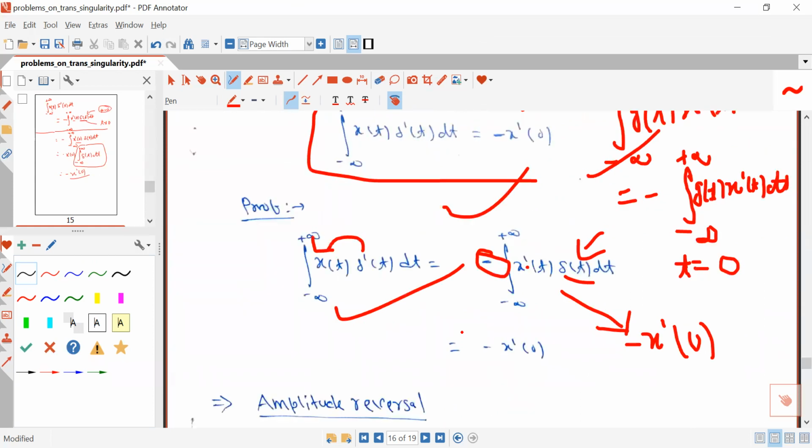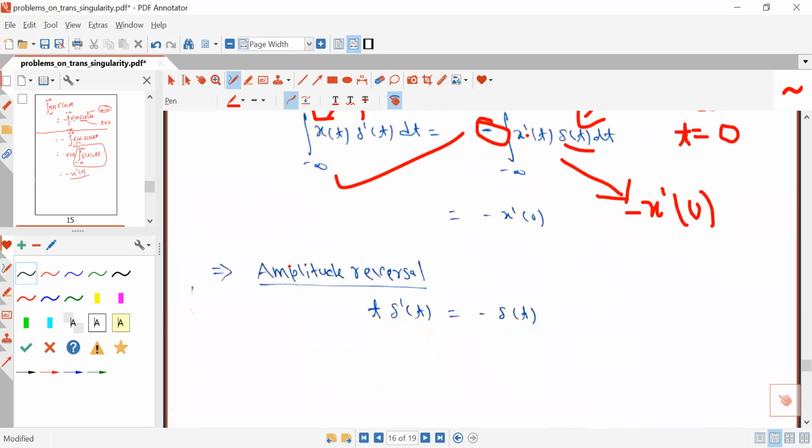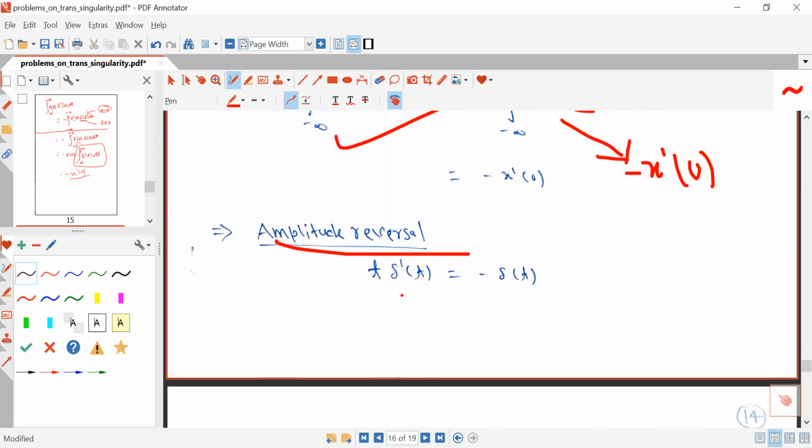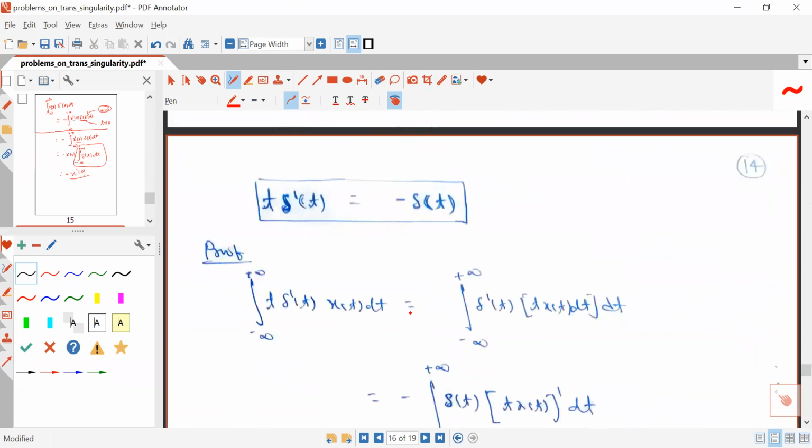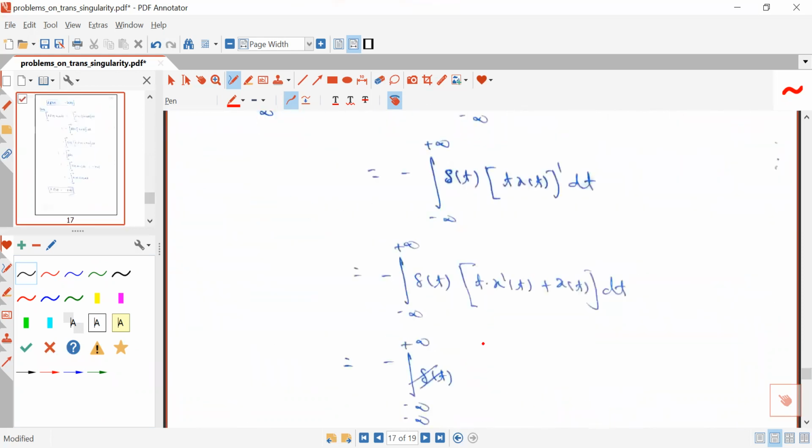So you must go through the PDF file which I have already given to you all, and also watch all the videos which I have uploaded, and I hope you will understand it clearly. So this is about the differential property. In the same way, here is amplitude reversal, and I have already derived its expression.